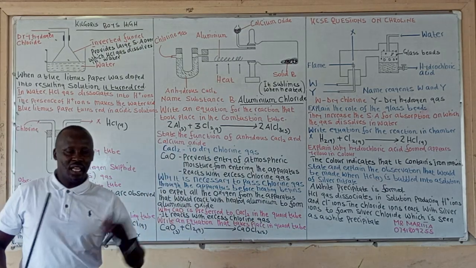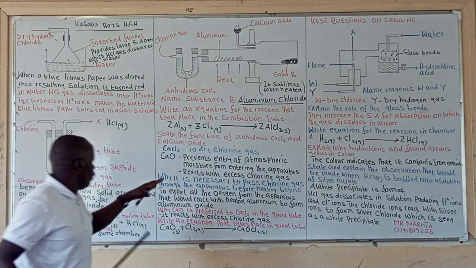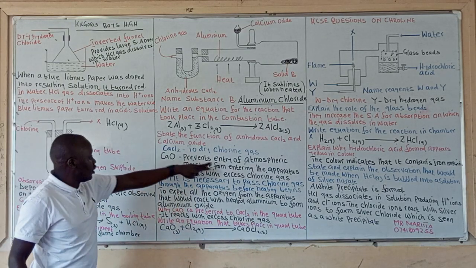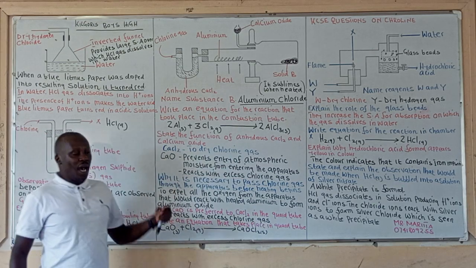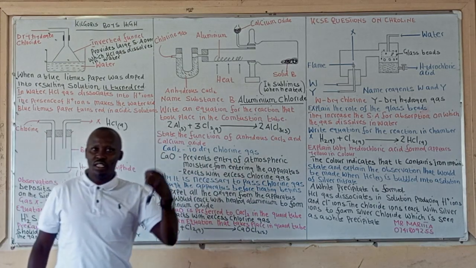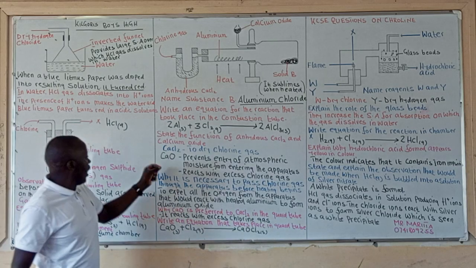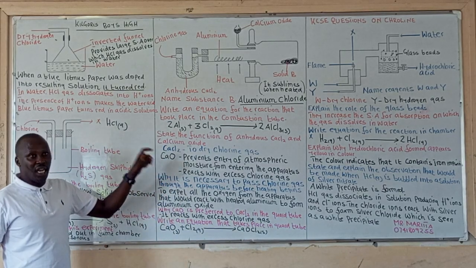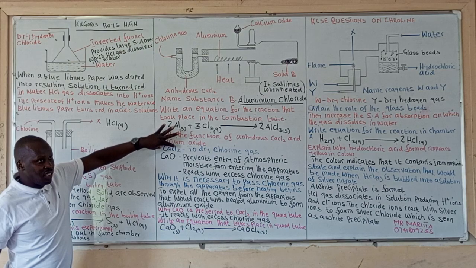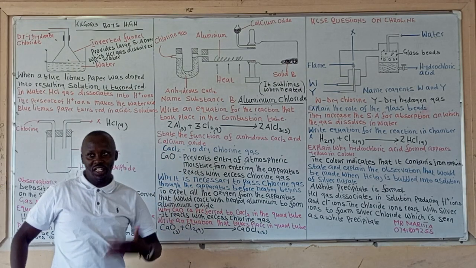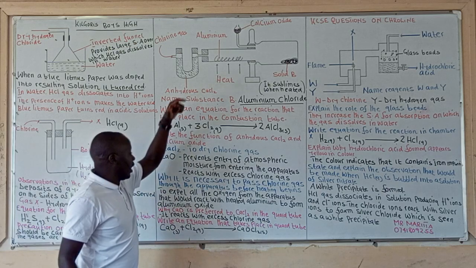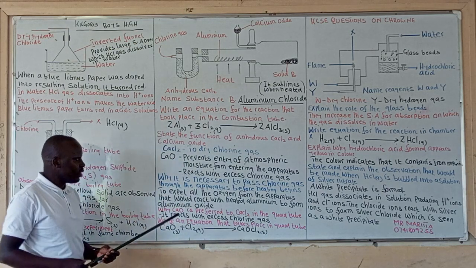The purpose of that calcium oxide, first of all, is that it prevents atmospheric moisture from entering the apparatus, and it can also react with chlorine gas. So the advantage calcium oxide has over calcium chloride is that apart from preventing the entry of atmospheric moisture, it also reacts with excess chlorine gas.